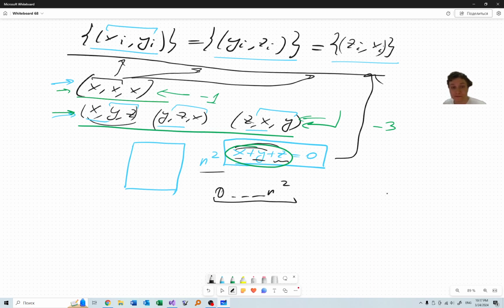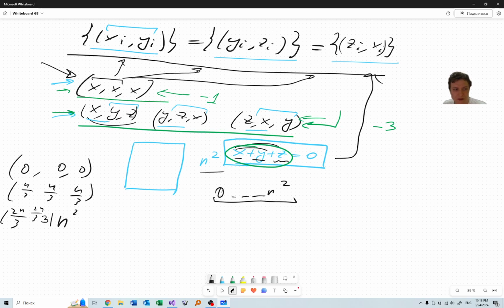Well, let's explore it. So first of all, if n is divisible by 3, then actually the number of such triples is just 3, because there are triples 0, 0, 0; n over 3, n over 3, n over 3; and 2n over 3, 2n over 3, 2n over 3.